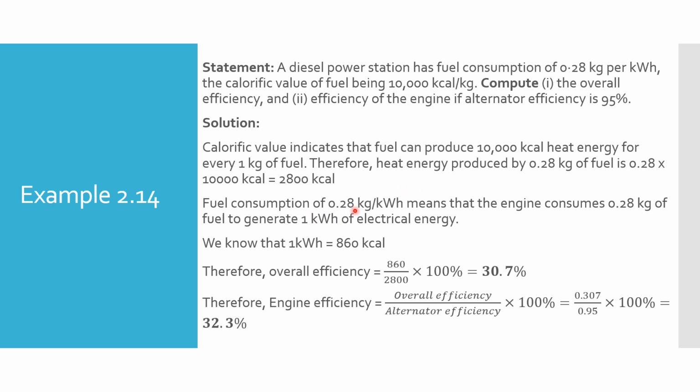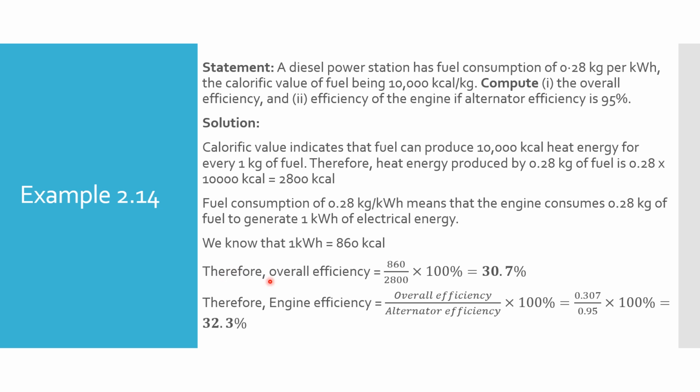So a fuel consumption of 0.28 kilograms per kilowatt hour, as I have already told you, means that the engine consumes 0.28 kilograms of fuel to generate 1 kilowatt hour of electrical energy. And we know from previous derivations that 1 kilowatt hour of electrical energy is equivalent to 860 kilocalories of heat energy.